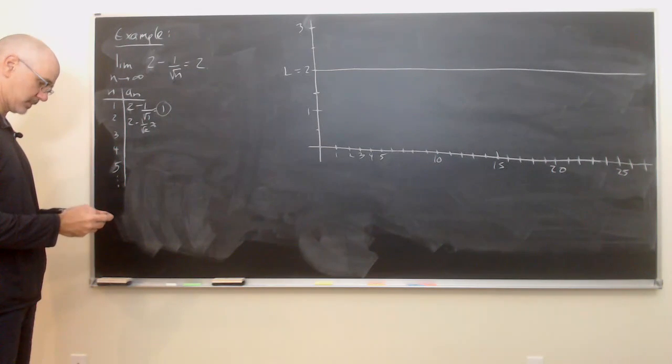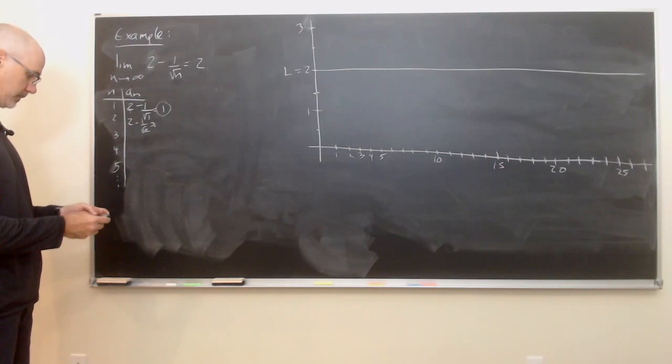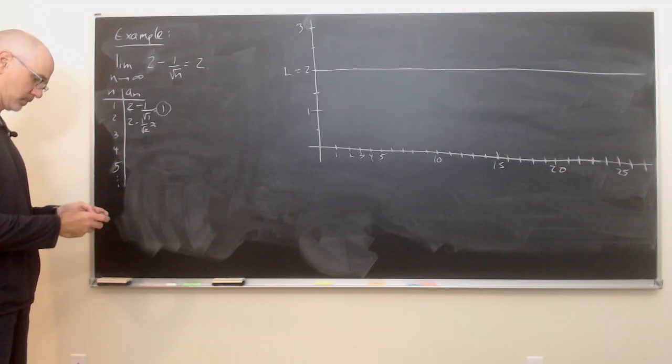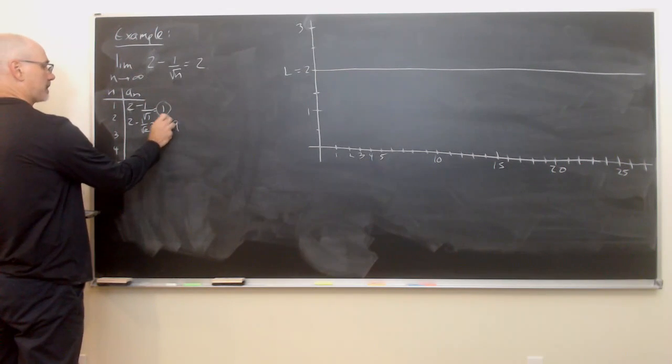So 2 minus 1 over root 2. All right, so that's about 1.29.